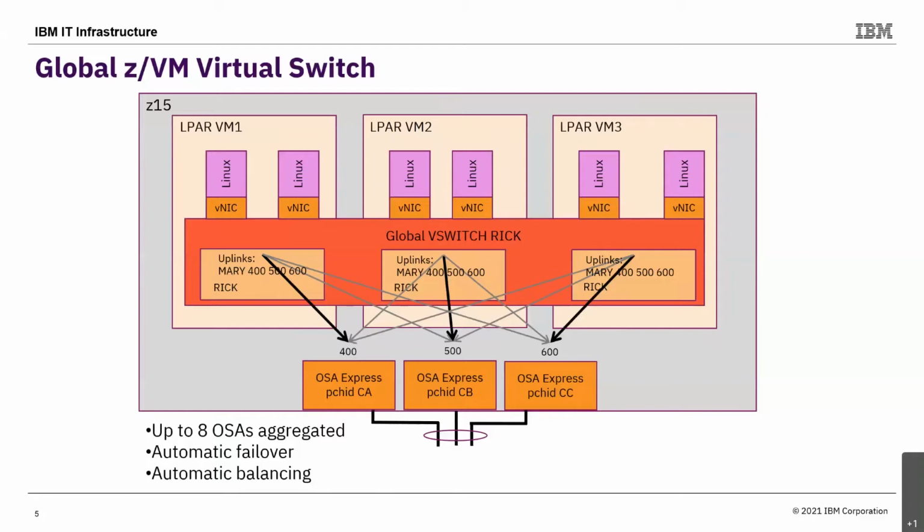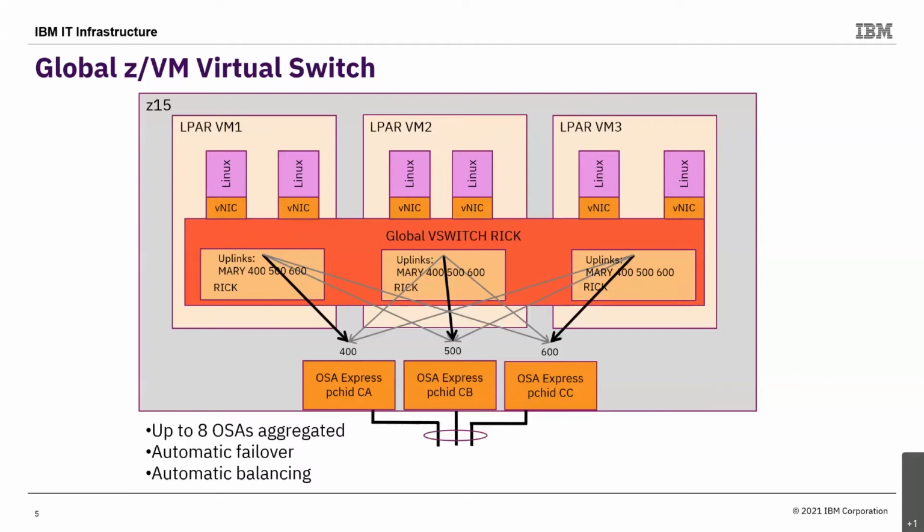We will do that for you. And at that point, that becomes a shared resource, and you can manage it from either LPAR VM1, VM2, or VM3 in this example here. So you're managing a single LACP group that is being shared by three logical partitions, okay?